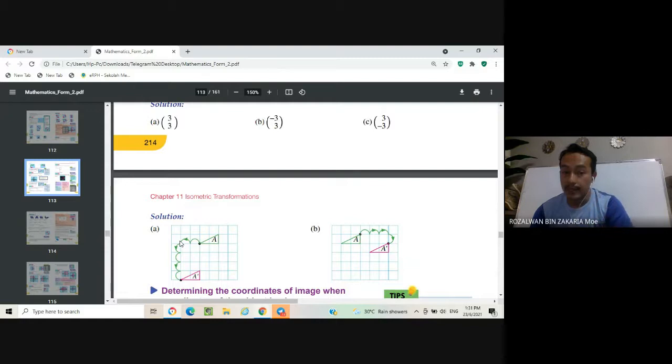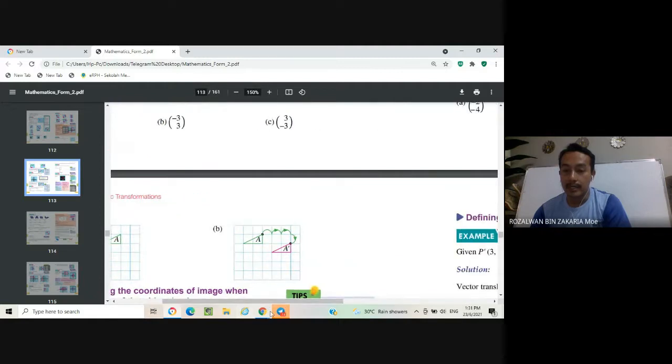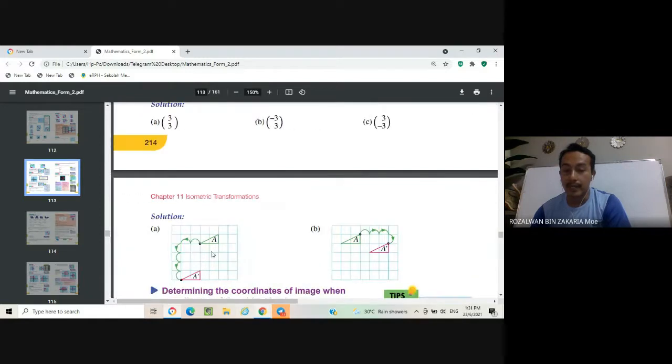After that, it moves 4 units downward, because -4 means the movement on the y-axis is downward. Starting here, it moves 4 units downward: 1, 2, 3, 4. So the image for this point we get here.